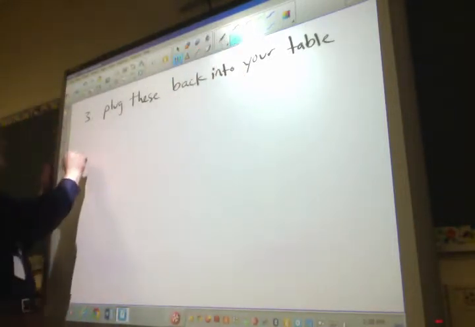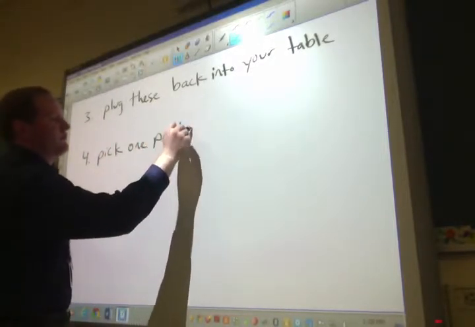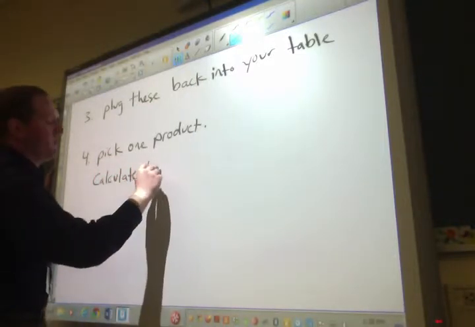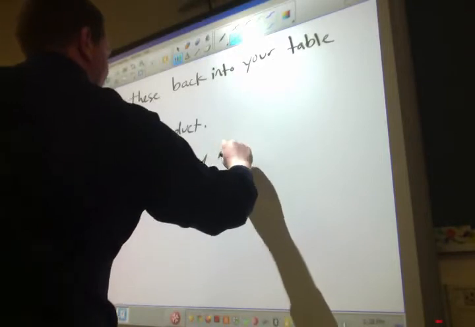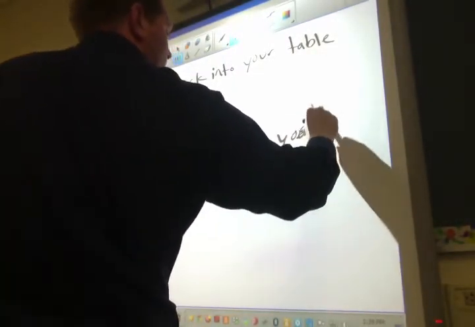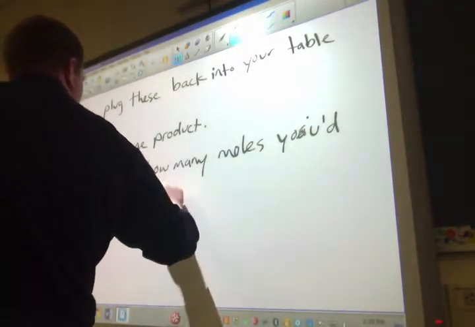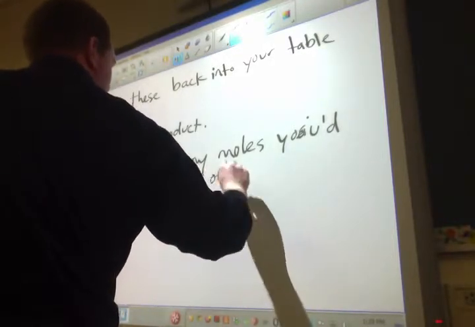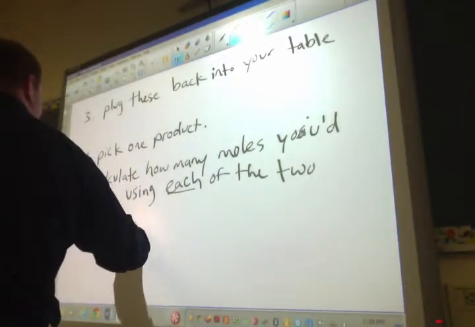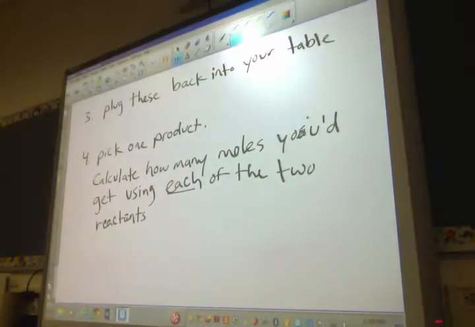So step 4 is pick one product. Calculate how many moles you get using each of the two reactants. We're going to do two separate calculations here.